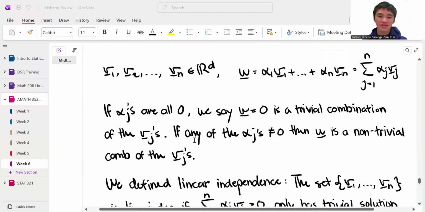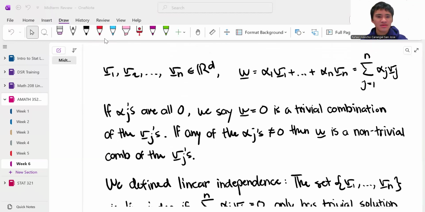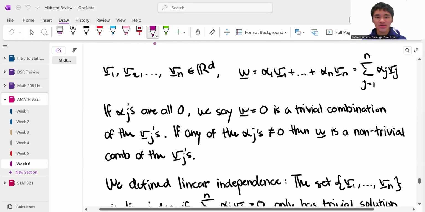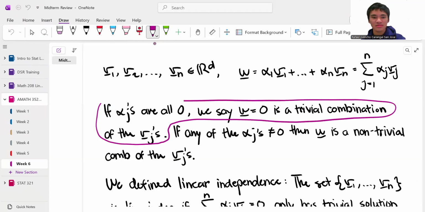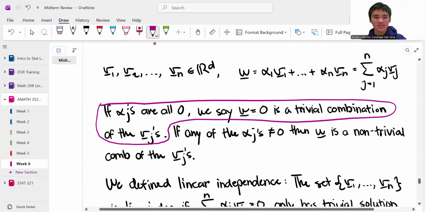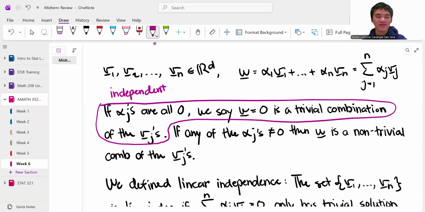So if we go back here, we can define which of these are linearly independent and dependent. This statement here is independent because all the alpha scalars are 0.